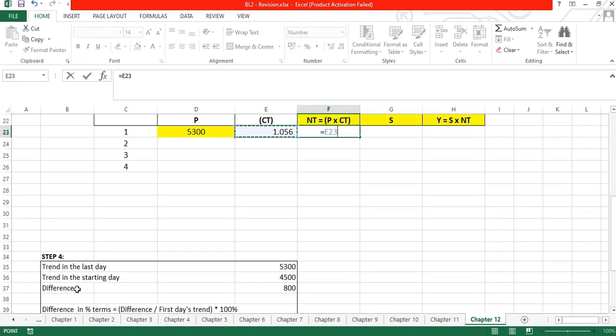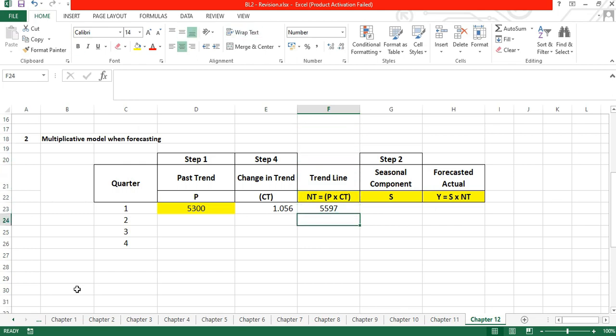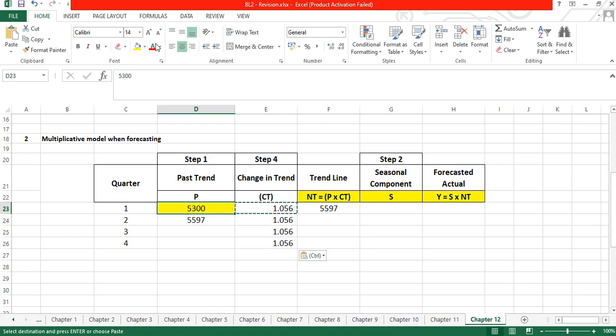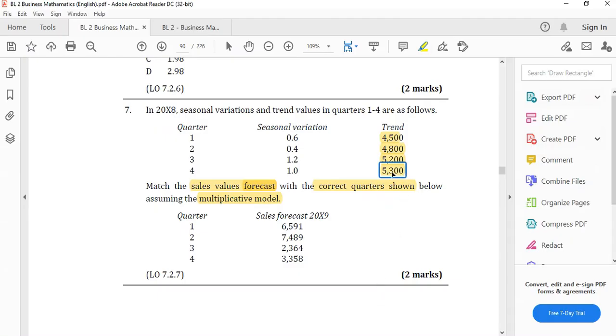Then multiply and get the new trend. Then only it becomes a forecast. And then you link it to the new trend, and so on. So very important: don't forget that this past trend must begin with the last quarter's or last period's trend.